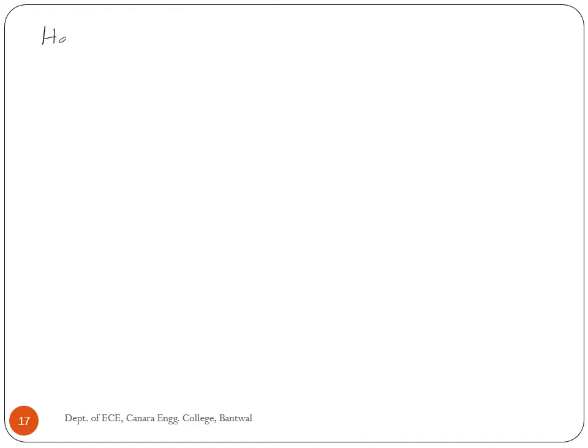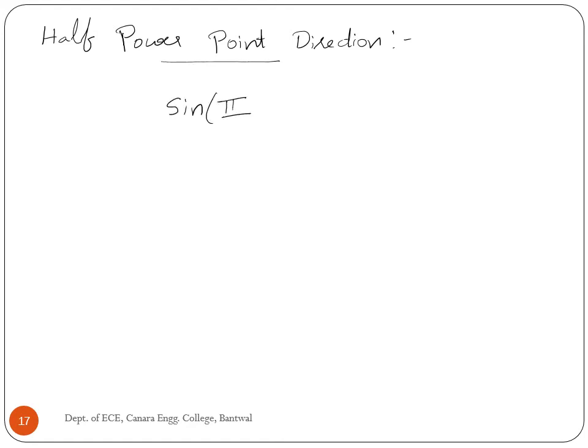For half power point directions, sine of pi by 2 cos phi is equal to plus or minus 1 by root 2.